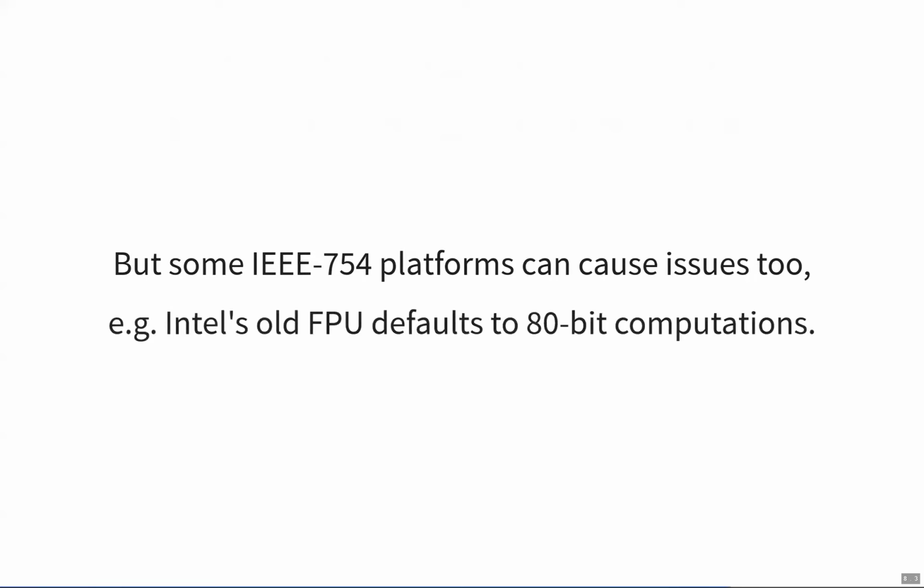A fun one is that when you are compiling for Intel CPUs, if you are compiling for x86 and you do not enable SSE2 to be used explicitly, then your code will probably use the old FPU, the x87. And the funny part is that it computes internally with extended precision in 80 bits. But when you have to store the number, say on the stack or to pass it to a function, then it has to truncate into 64 bits.